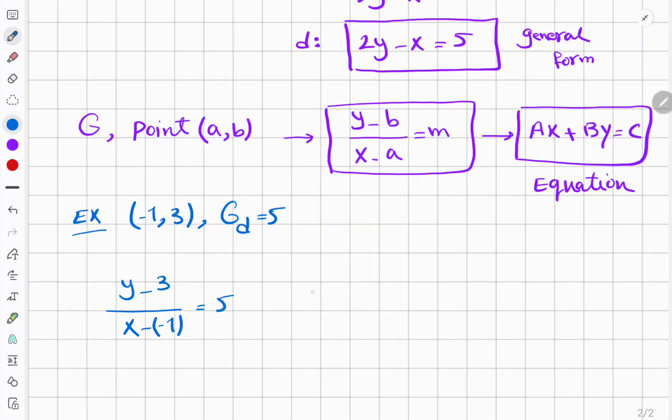So I'm gonna rewrite this: y minus 3 over x plus 1, negative times negative, equals 5, and 1 times y minus 3 equals 5 times x plus 1.